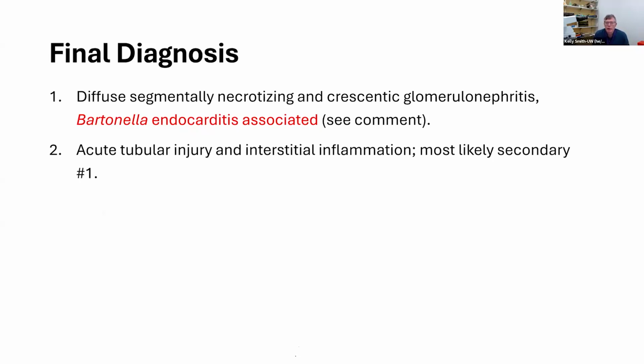But now, after all of that, we really have a case of Bartonella endocarditis-associated glomerulonephritis, and I think we're fairly confident of that. It'll be interesting to see if this patient does recover. The biopsy showed extensive crescents, so I'm very curious to see what recovery, if any, could happen from that.